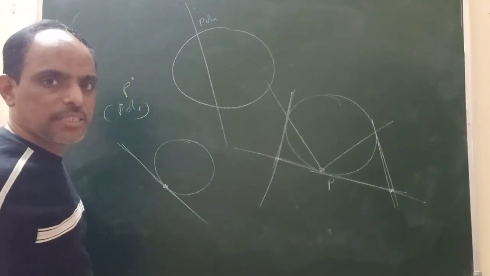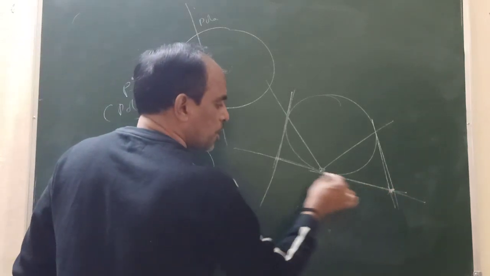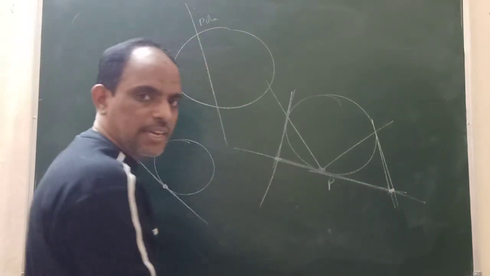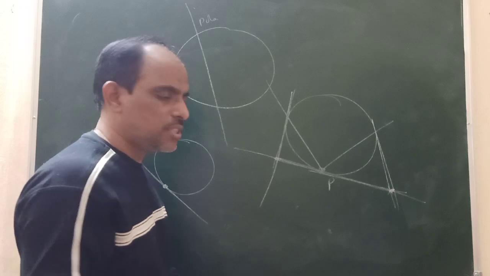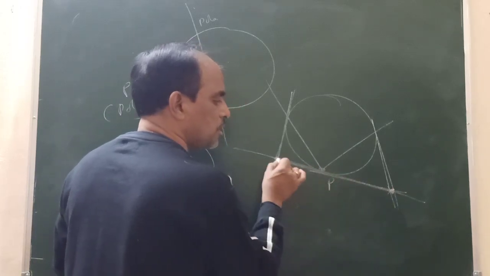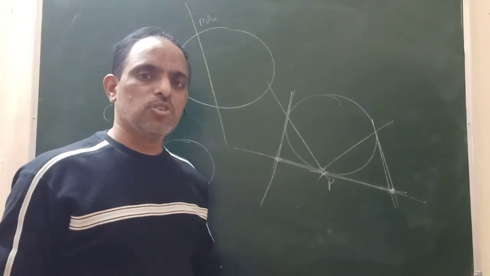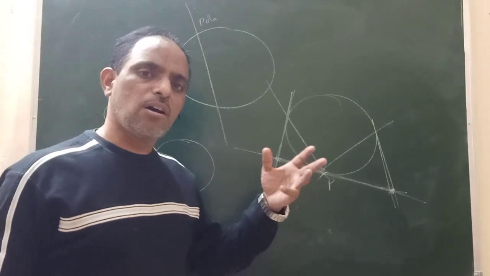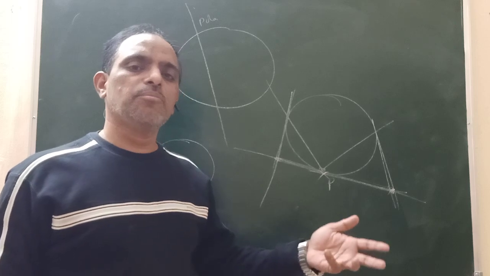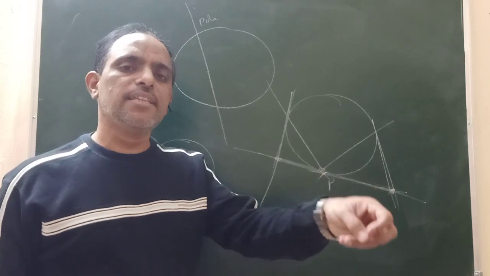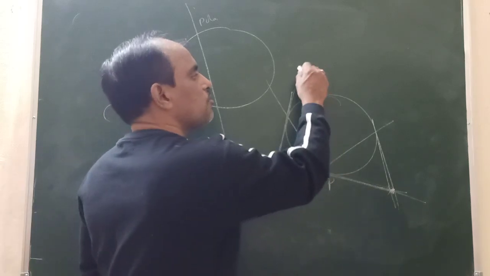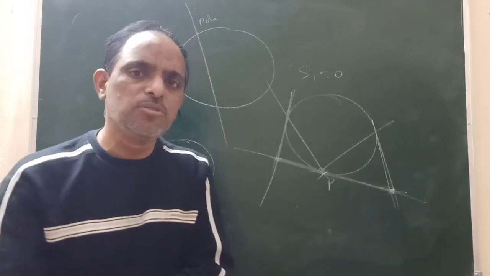This is another point of intersection of tangents. By joining these points of intersection, we will get a line. That line is nothing but the polar. By the definition, this is the polar. But you see, the polar is nothing but the tangent at P only. So whenever the pole is on the circumference of the circle, then the polar is nothing but the tangent at that point. So that's why the equation of the polar is also S1 = 0.